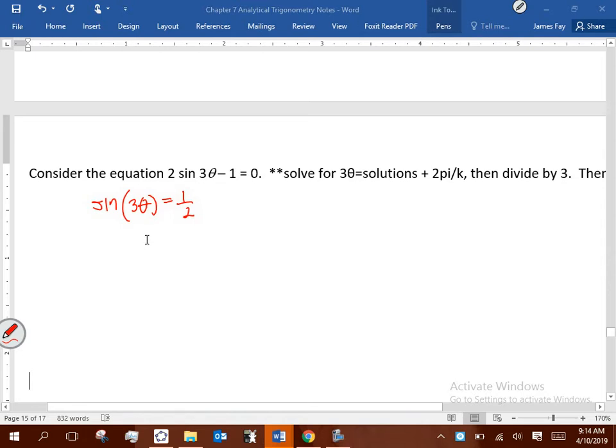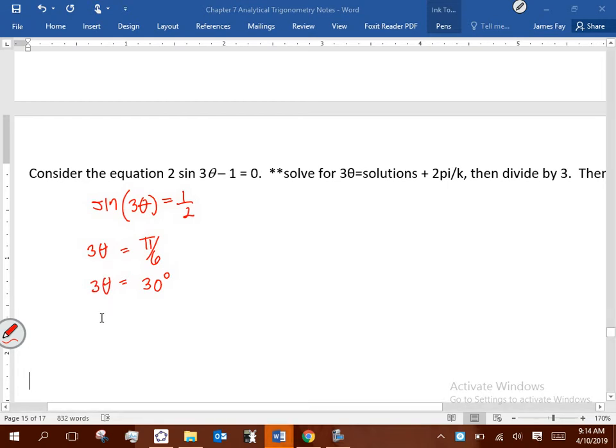Okay, so let's go pi over 6 or 30 degrees. That's what our angle should equal, right? Our angle here is no longer theta, it's 3 theta. So we just solved for 3 theta. Does that make sense? Okay.